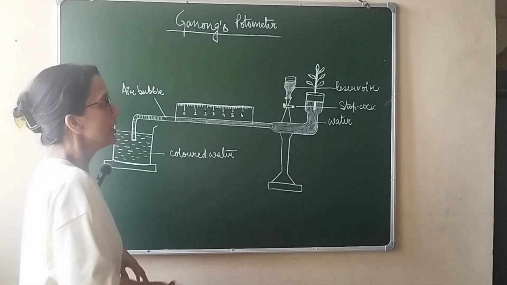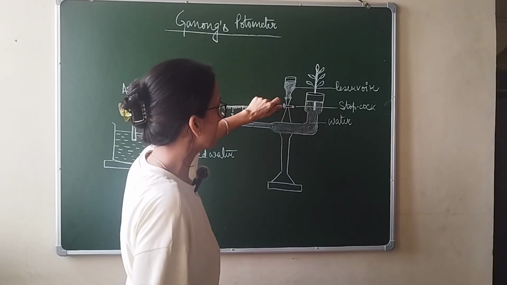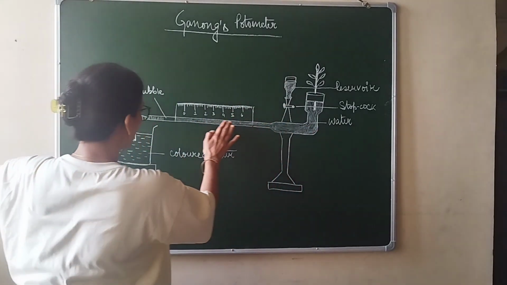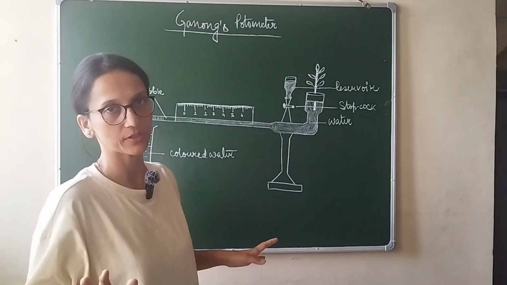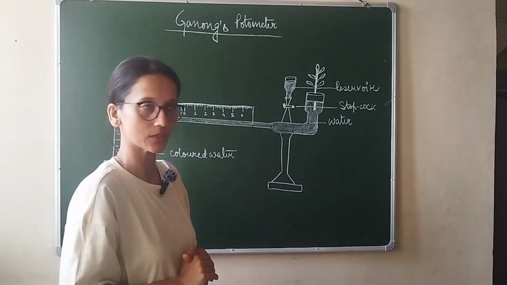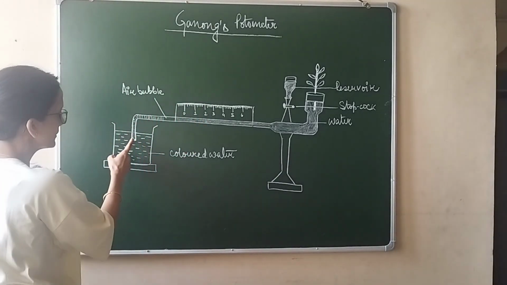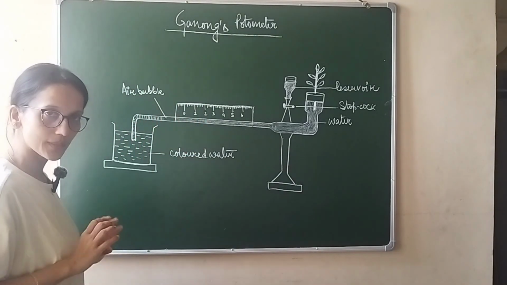Now what do we do with this part? You first run the reservoir and allow the water to wash the entire capillary tube. Once it is done, you use the stopcock and close the reservoir, and pour water again. Now you have dipped one end of the capillary tube in the beaker.